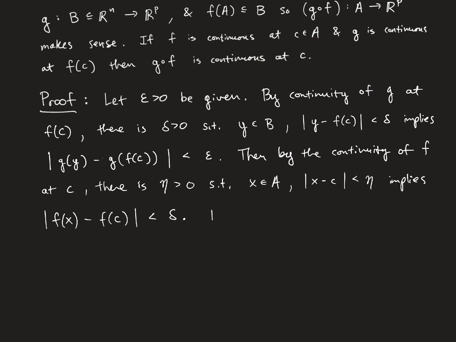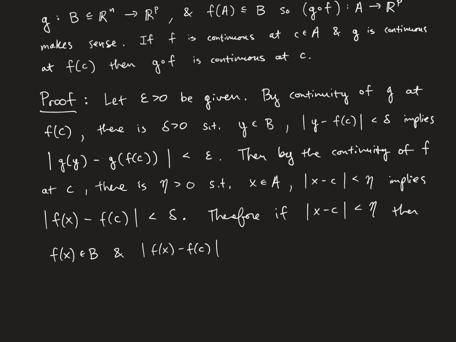So therefore, if x and c differ by less than eta, then f of x is in B and f of x and f of c differ by less than delta, right?